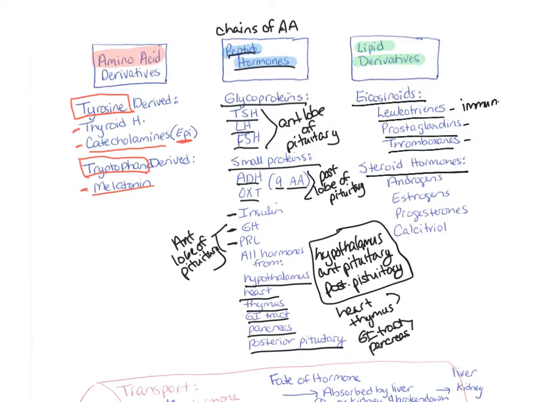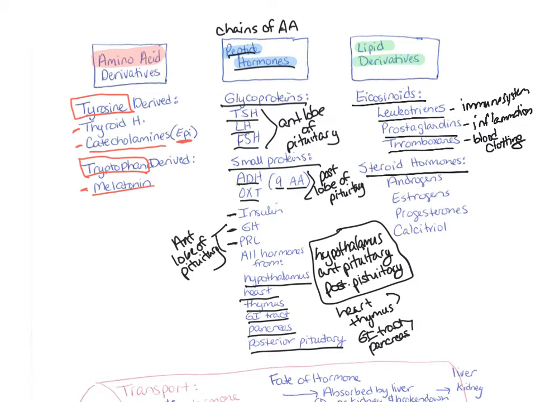Leukotrienes, they're mostly immune system. Prostaglandin is involved with inflammation. And thromboxanes are involved in blood clotting. We'll get into that more in depth in advanced.